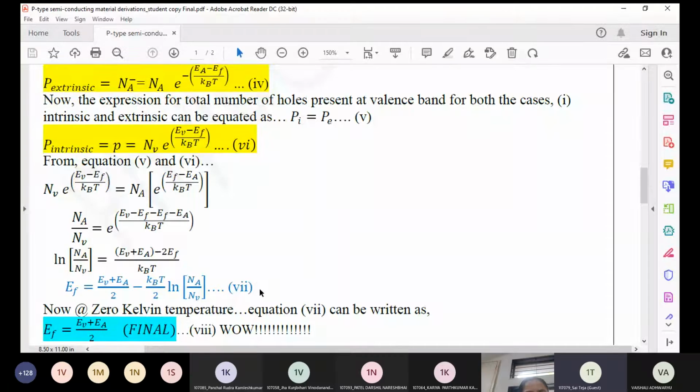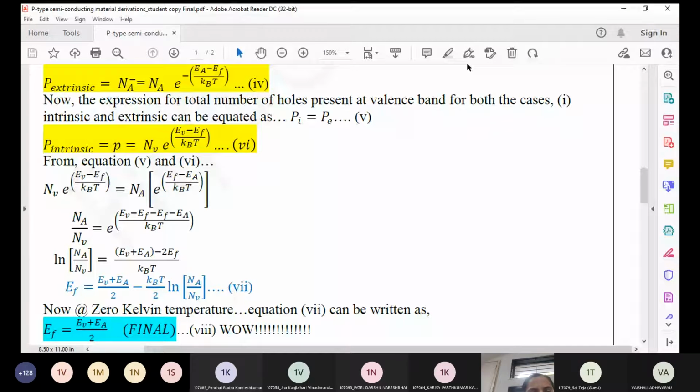So if we consider the temperature. Yes, Sai. Let me ask another student. Just hold on. Yes, students. What does this equation tell me? Equation number 7 tells me that EF is equal to (Ev plus EA) by 2. What is Ev? Sandeep? Sandeep Yadav?